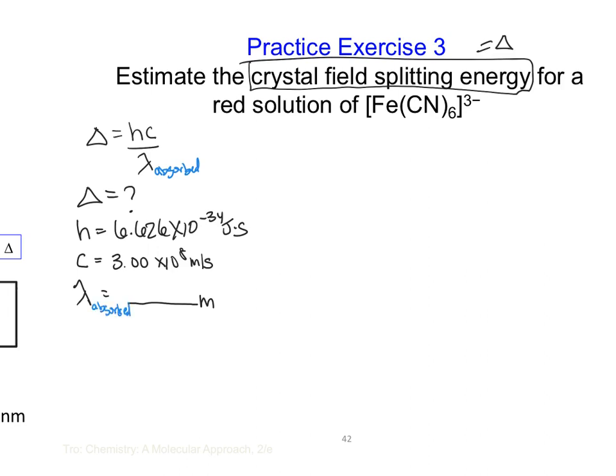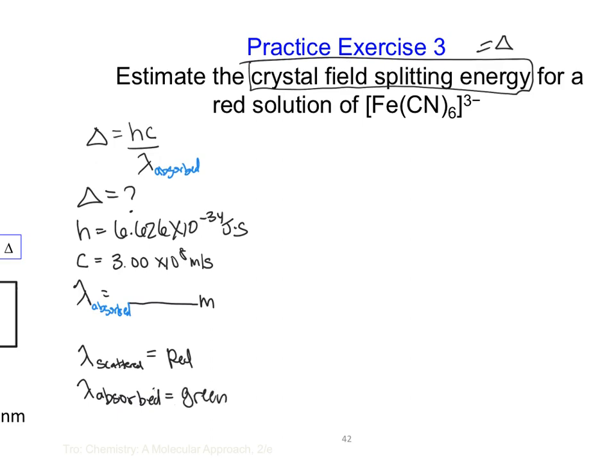And this goes back to the color wheel that we saw in the start of this lecture. So if I see a red solution, that means the scattered wavelength is red. That means the wavelength absorbed is the complementary color, which is green.